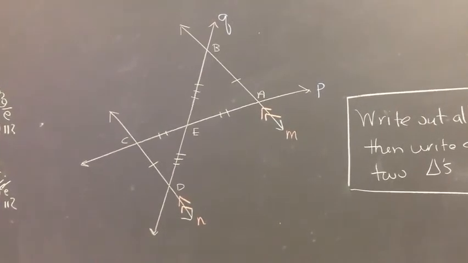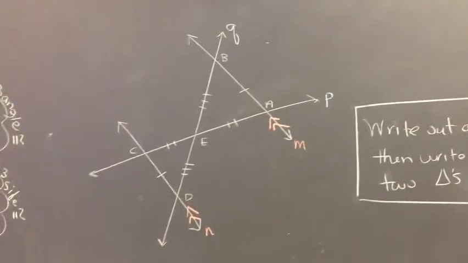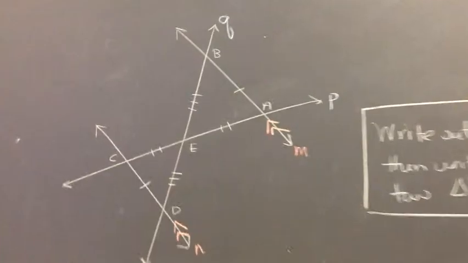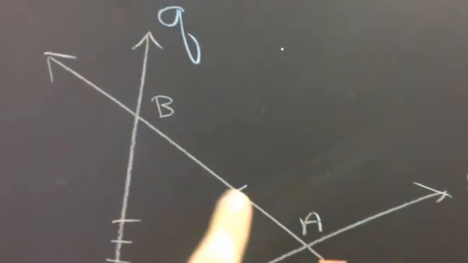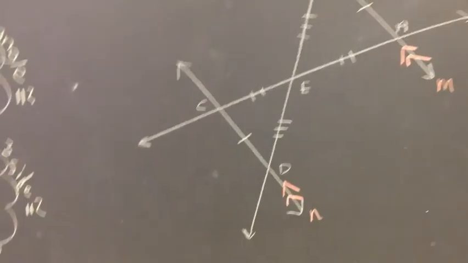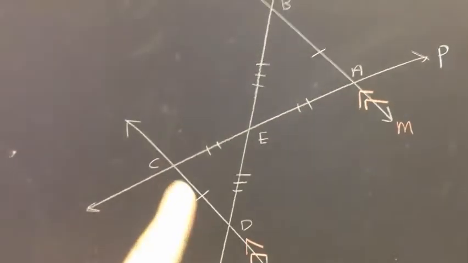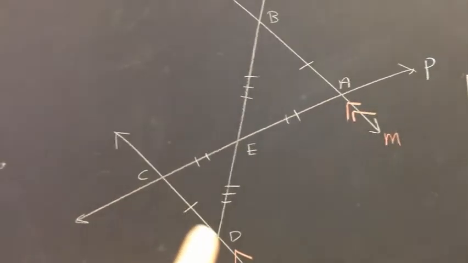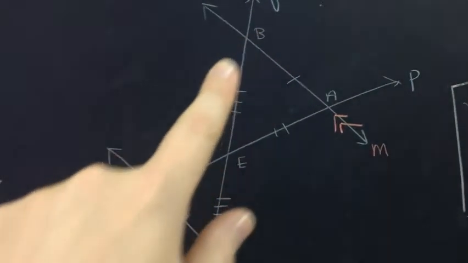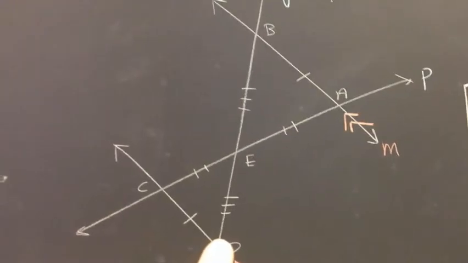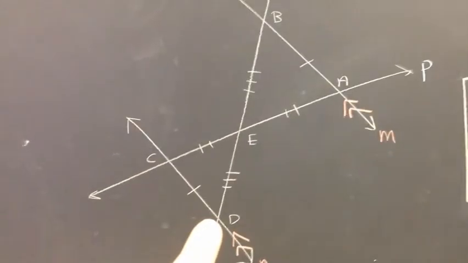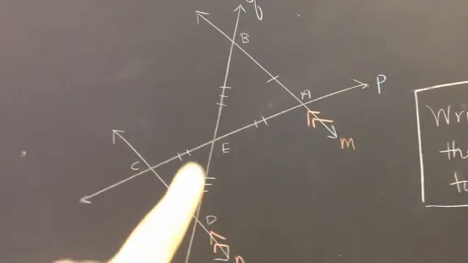Well, here's what we do. We make sure that we start with the first triangle. So I notice here is B to A, and down here is C to D. But now the question is this: does B correspond with C, or does B correspond with D? Well, the alternate interior angle theorem is what gives it away.